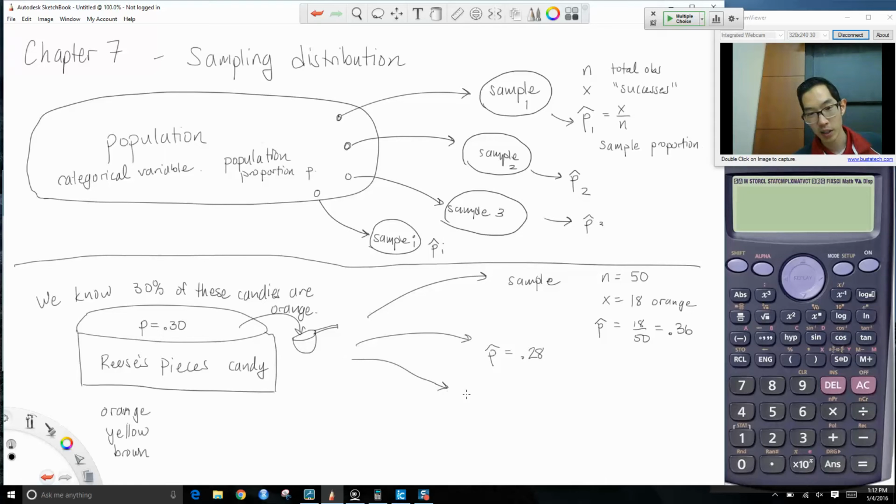Maybe I get another p hat 30%. Maybe I get another p hat 22% or something like that. Okay. Conceptually, does this make sense? The experiment that we are carrying out.